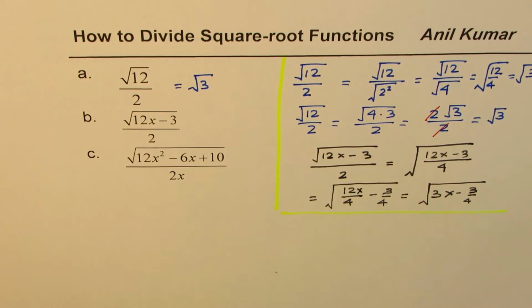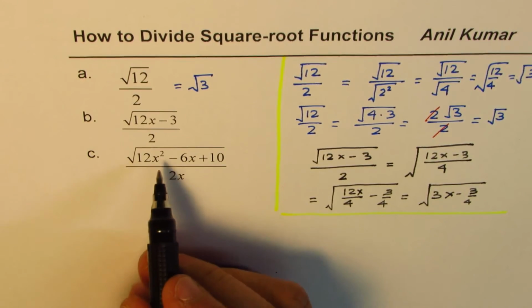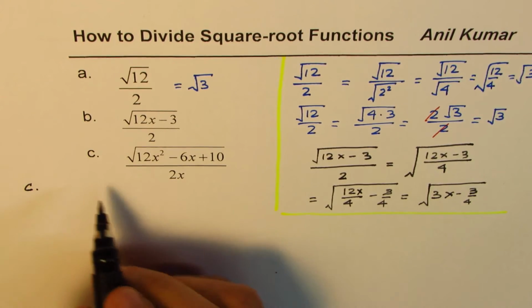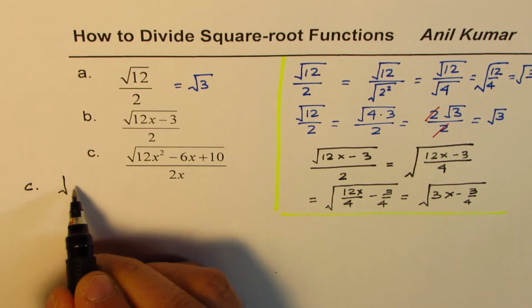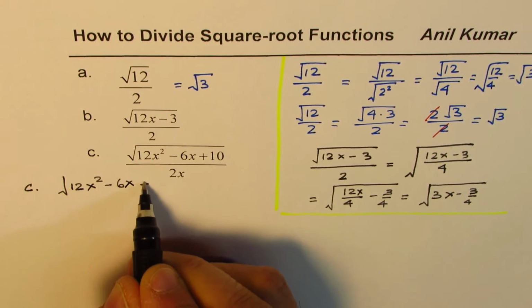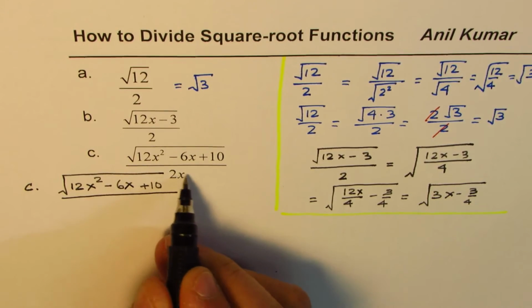Okay. Now let's do this, which looks slightly more complicated. So we are doing part C now, which is square root of 12x squared minus 6x plus 10, right? That is what it is. And we are dividing by 2x.